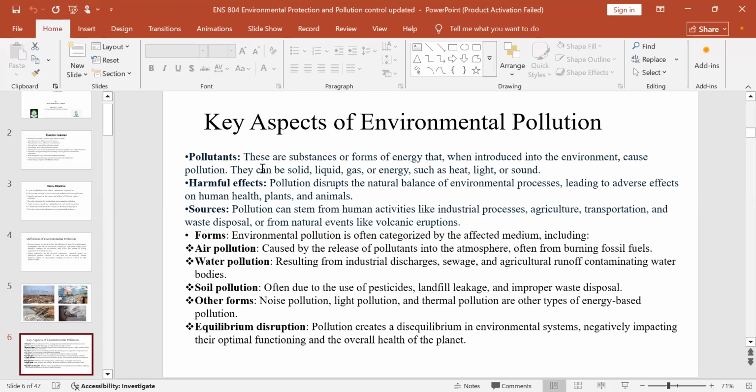It can be solid, liquid, gaseous, or energy, such as heat, light, or sound. So it's not just solid, liquid, and gaseous waste. You have even the ones dealing with energy, like heat. If the temperature is so huge, it can upset the ecosystem as well. If the light is so bright, it can spark a lot of things.